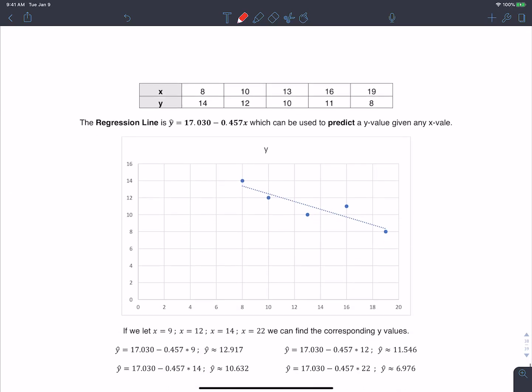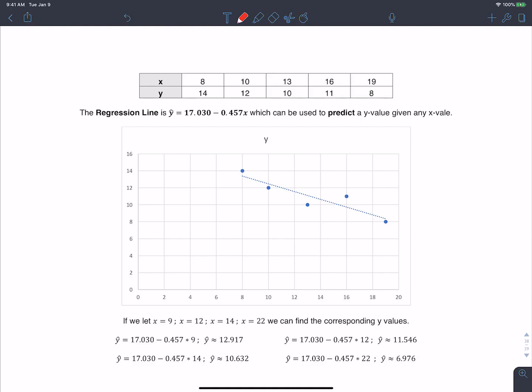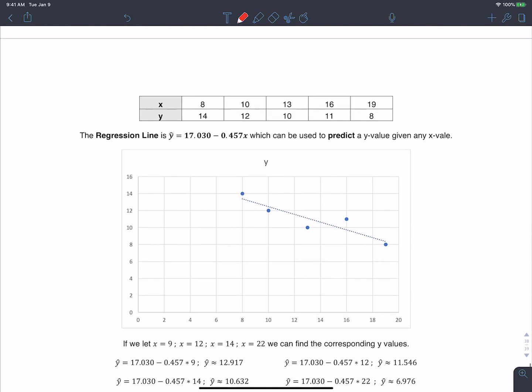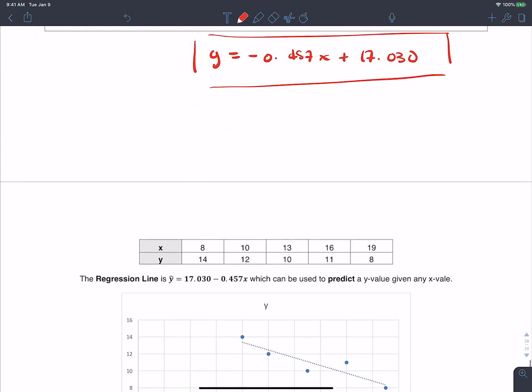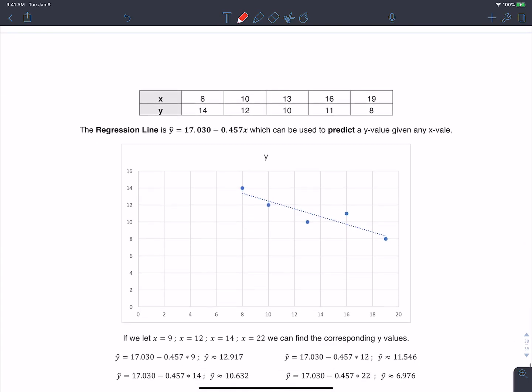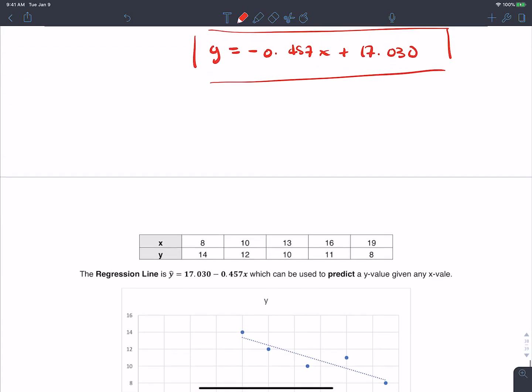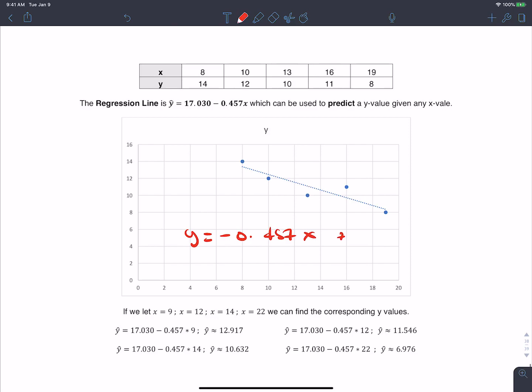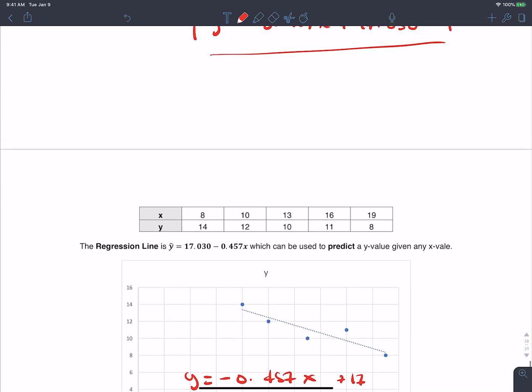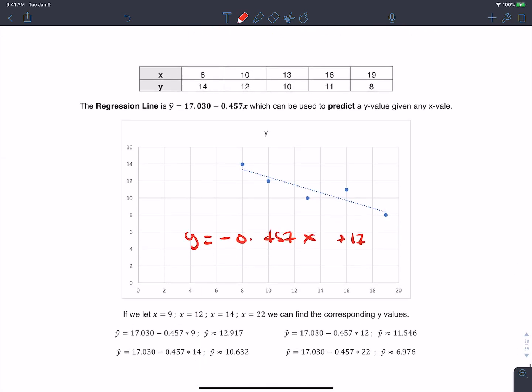See, here's the summary of what we just said. You know that equation we just found? y equals negative 0.457x. Now we have to add, what was that? 17.03.